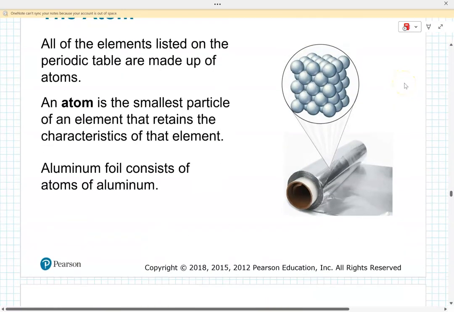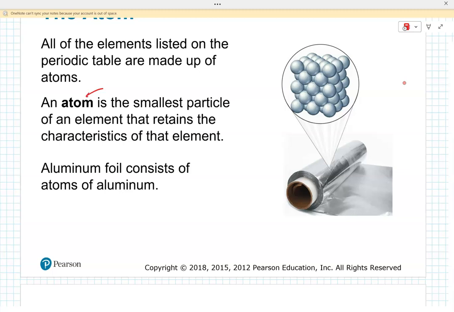Okay, so every element consists of atoms of the same kind. So if you take a sample of, well, you worked with this zinc, that little brick that you had on Monday, all atoms in that piece of zinc would be the same. Okay? Sounds good?